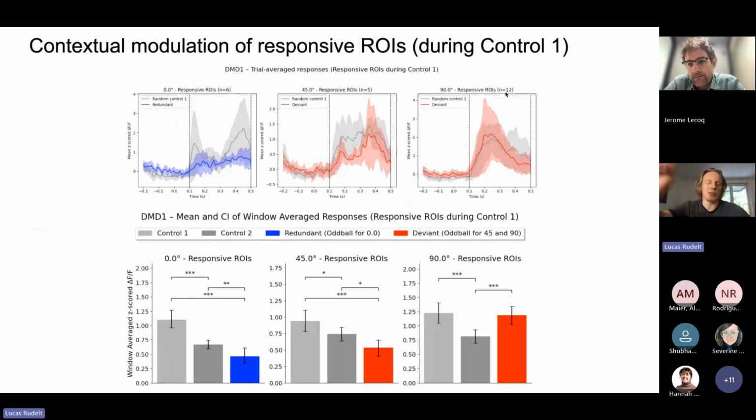So if those are scattered spatially, it's really hard to study this effect if so few of the ROIs that we image are actually responsive to the stimulus, because this effect you only see if units are responsive.